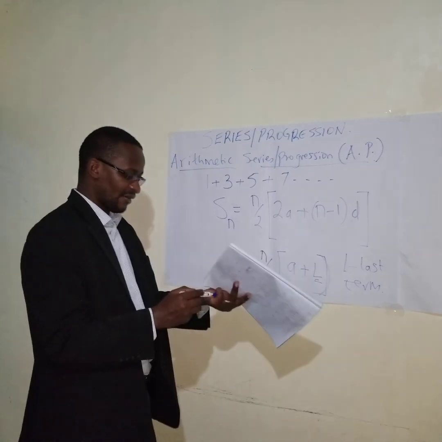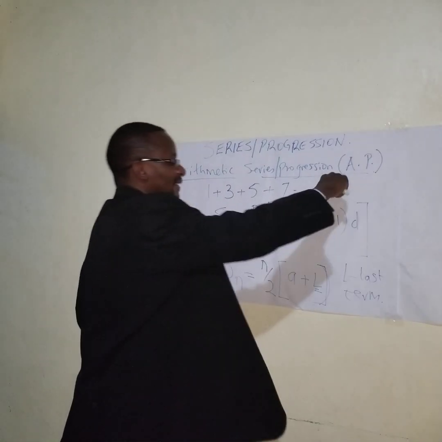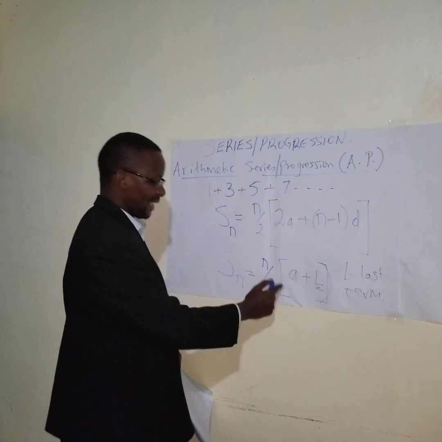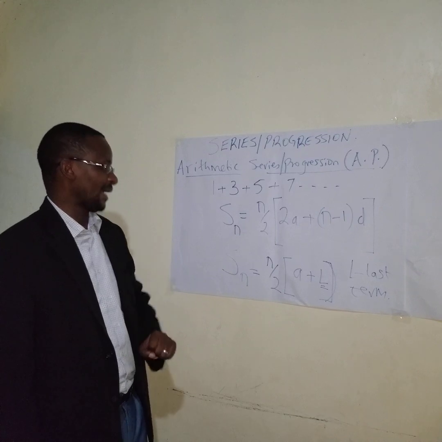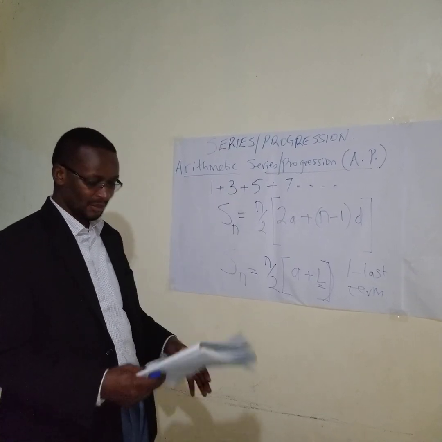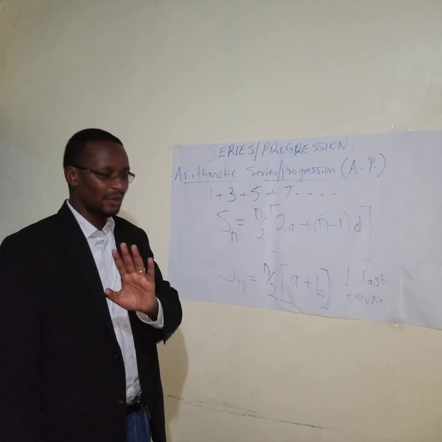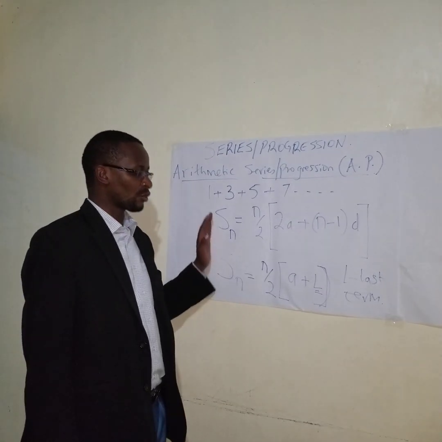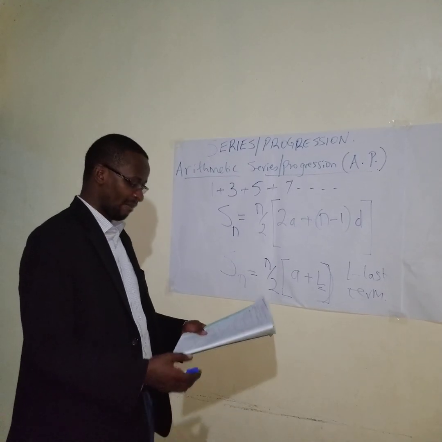That is in case you are given a progression or a series and you have also been given the last term here, you can apply this. So you can choose which one is easy for you to apply. So we will do this example using these two formulas, and then it will be on your side to choose which one you are going to use and which one is easy to remember.